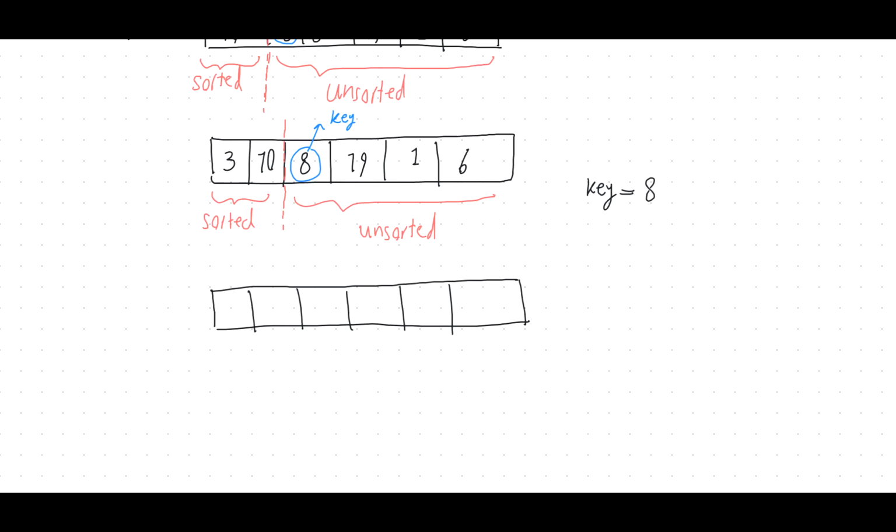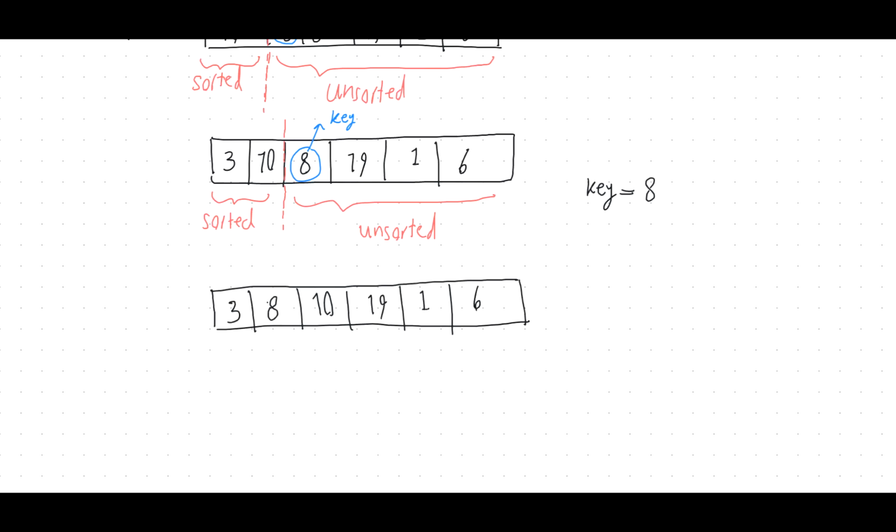So 10 was here, we copy that here. And then we go to the previous element, 3. We compare our key with 3, and this time key is greater than 3, which means that this is the place that we need to copy the key, 8, and then 3. And then the rest of them remain the same.